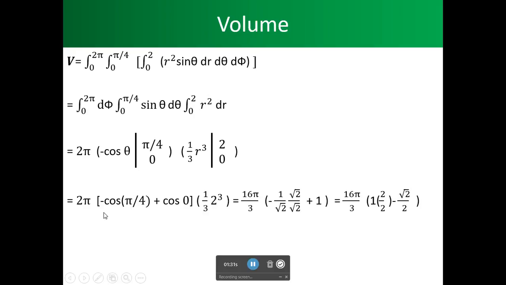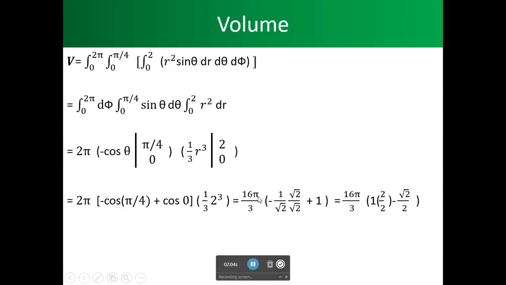So we'll plug in cosine of pi over 4, plus, because a minus a minus gives a plus, at 0, and since cosine is 1 at 0, we have to keep that. And we see that we have 1/3 and 2 raised to the cube power. 2 cubed is 8. 8 times 2 is 16 pi, over 3.